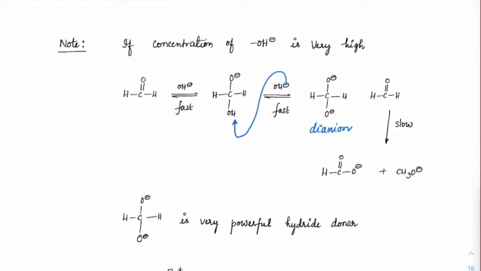The dianion will try to make a double bond, making a hydride shift to the HC double bond OH. And that's how we will get the formate ion here, and this will become CH3O minus, which eventually on hydrolysis will become HCOOH plus CH3OH. Okay.